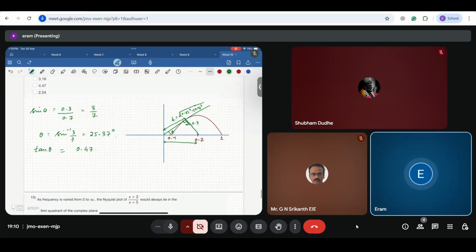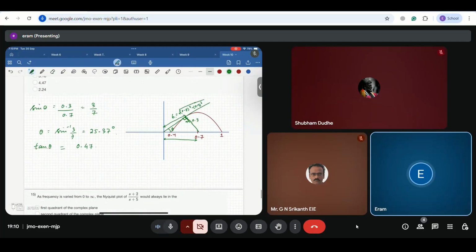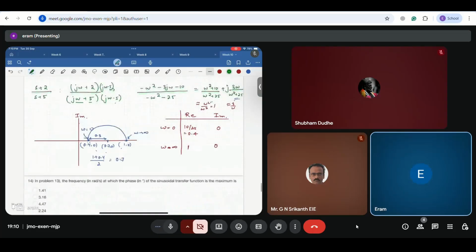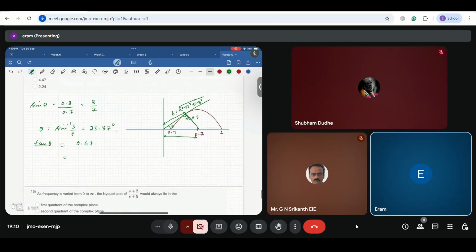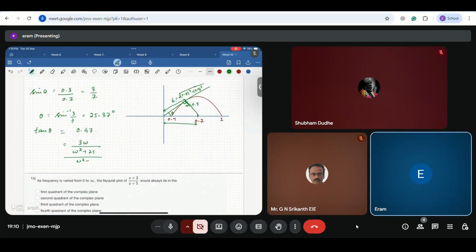That will be more easy. Okay, so what is tan theta? Tan theta is imaginary part divided by real part, and your imaginary part is 3 omega divided by omega square plus 25, and your real part is omega square plus 10 divided by omega square plus 25.